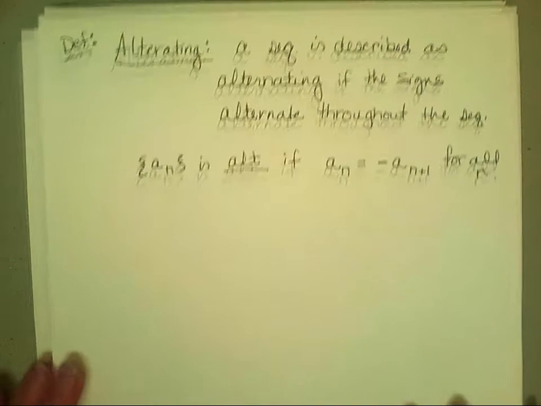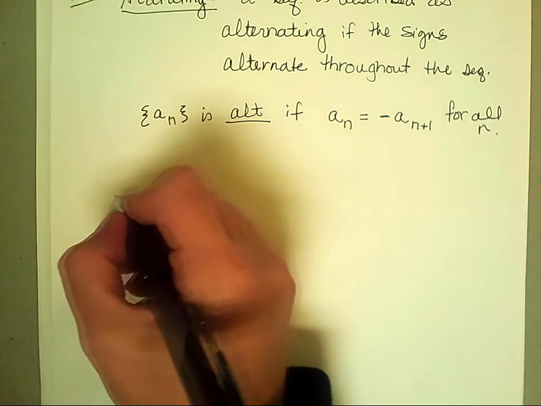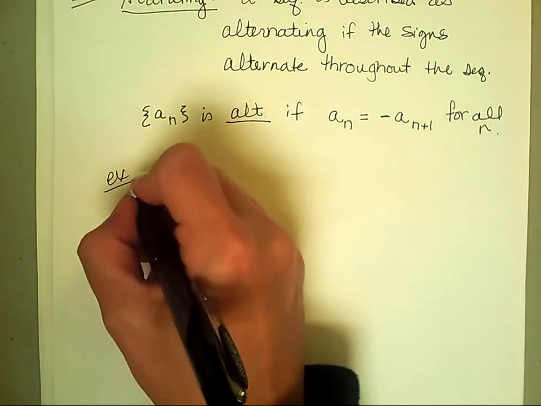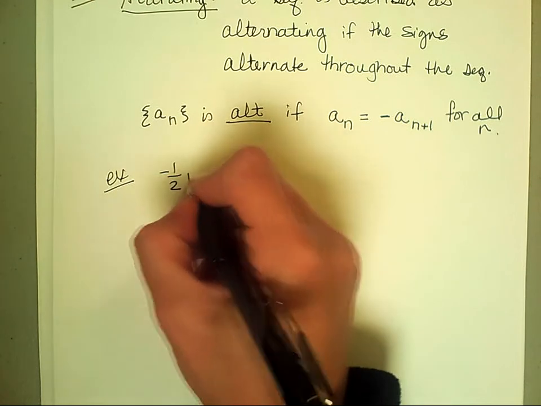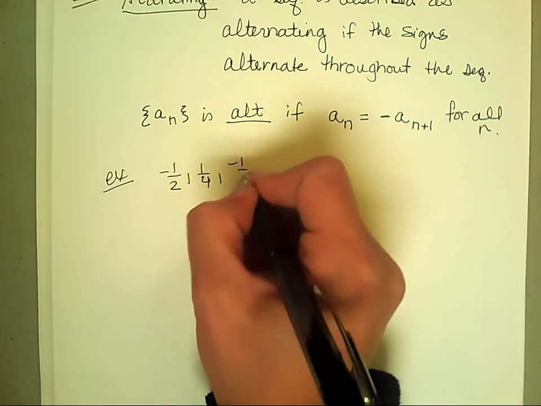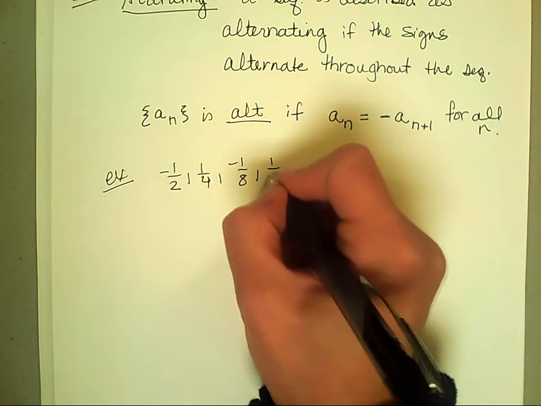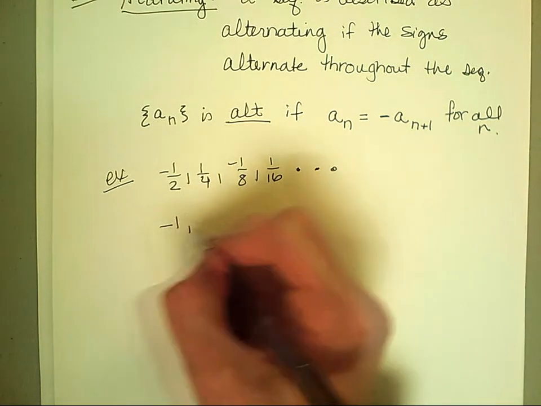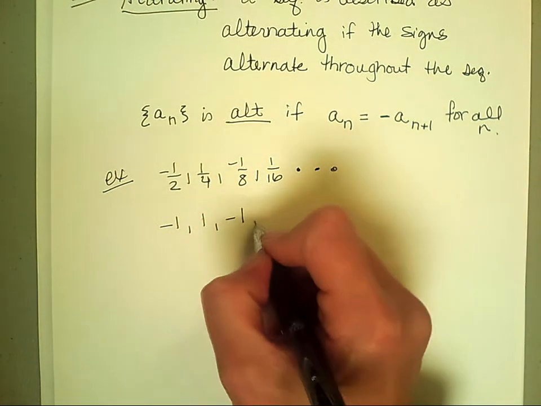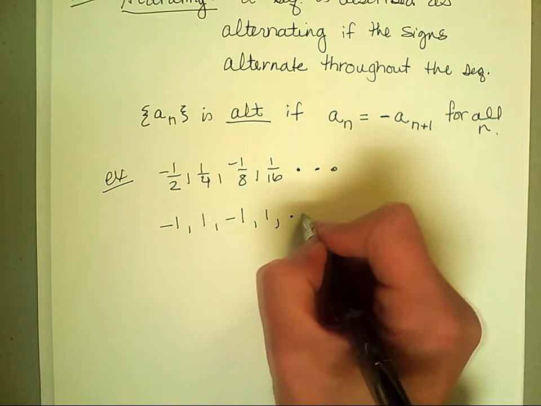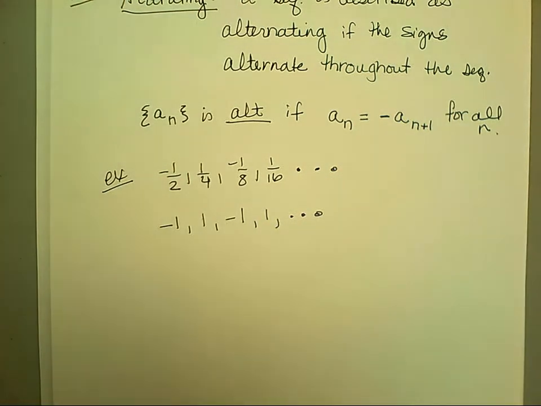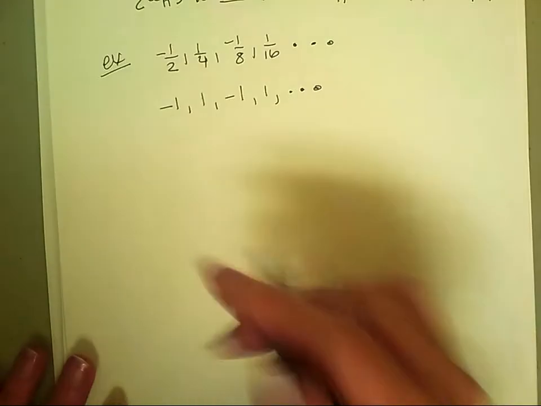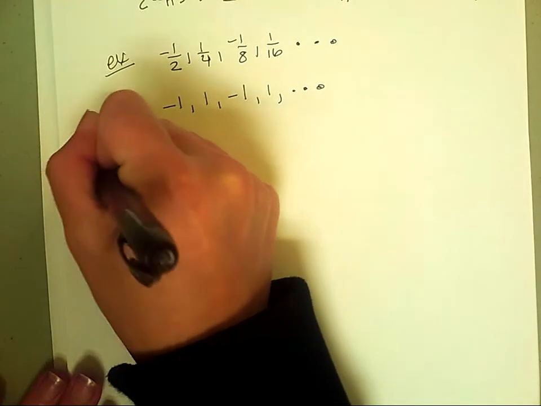Okay. So, for example, we showed you a few of these. The negative 1/2, 1/4, negative 1/8, positive 1/16, etc., etc., etc. Or it can bounce in between negative ones, positive ones, anything like this. Okay. So the signs are changing. Okay. We also have something called strictly increasing.